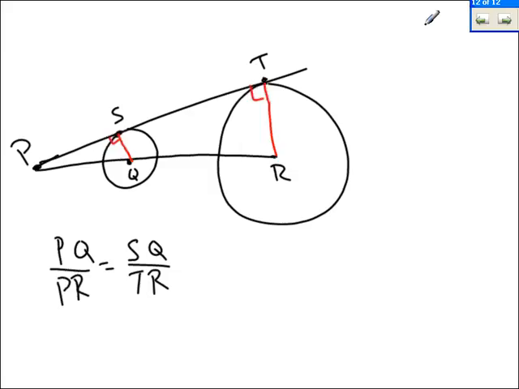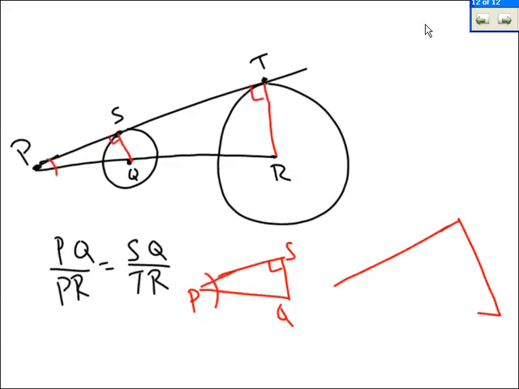Okay, and in the little triangle Q, S, P, you have a right angle and you have angle P. In the bigger triangle, you have P, R, the right angle T. It also has angle P.